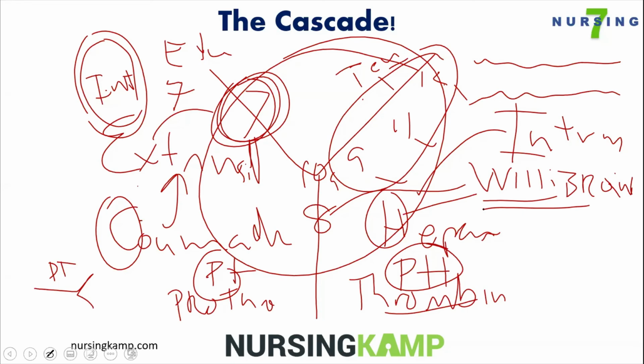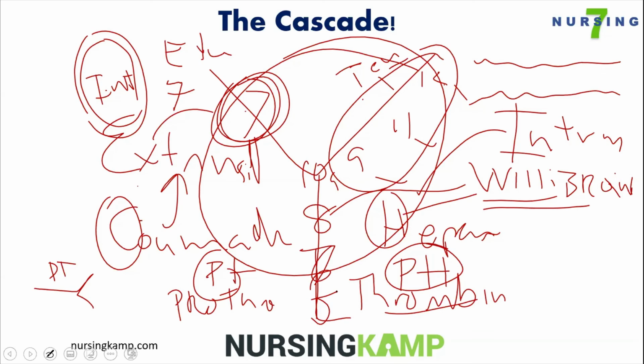Hemophiliacs, factor 8, right? Liver patients, factor 8, because everything down here is liver, right? Because the liver creates factors. And people who have liver disease have a propensity to bleed. So factor 7, no, factor 7 is up here, sorry. Then goes 6, then 5, and goes on down.